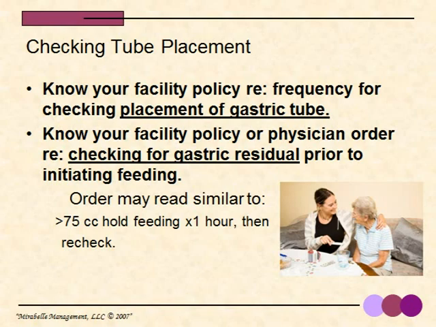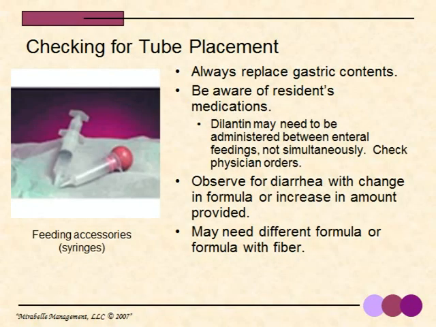An order to check for a gastric residual might read something like, for more than 75 cc's of stomach contents, hold the feeding times 1 hour and then recheck. You must always replace the gastric contents that are drawn out to check for placement.